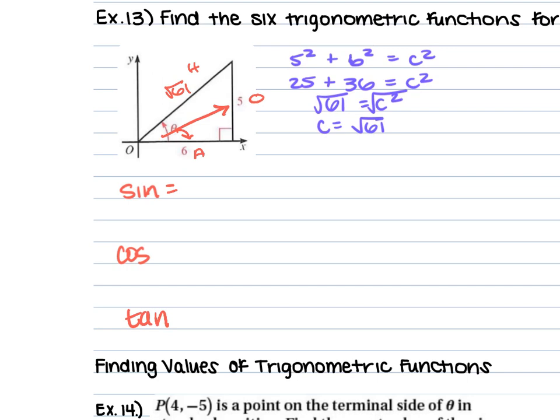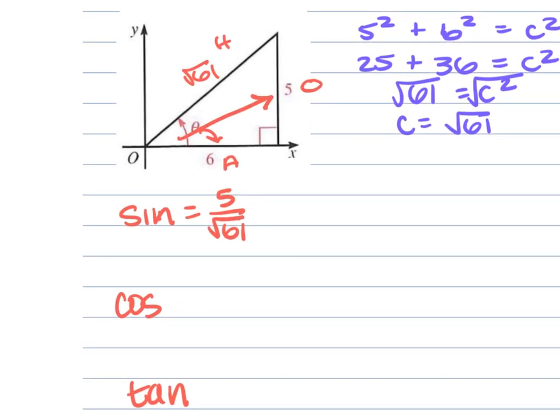So sine is 5 over the square root of 61. You cannot leave the square root of 61 in the denominator, so we are going to multiply the top and bottom by the square root of 61. And we are going to have 5 square root 61 all over 61. So sine is 5 square root 61 over 61.